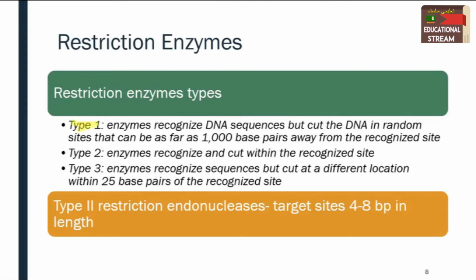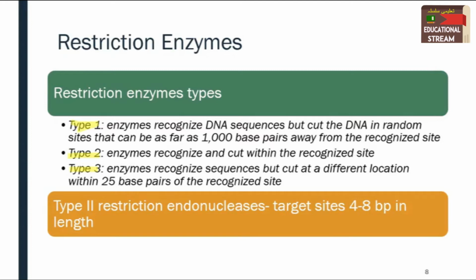The categorization of restriction enzymes is based upon the composition of the enzyme, the requirement of cofactors, the nature of their target sequence, as well as the position of their DNA cleavage site relative to the target sequence. So, as we have said, there are three types of restriction enzymes.